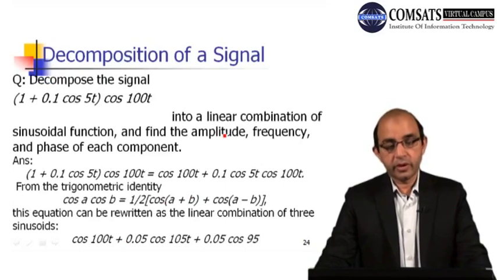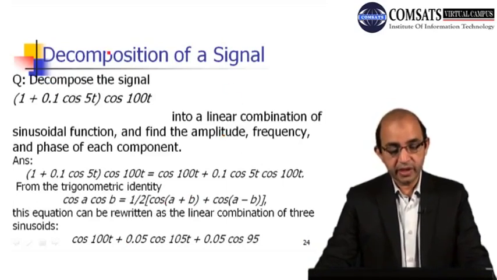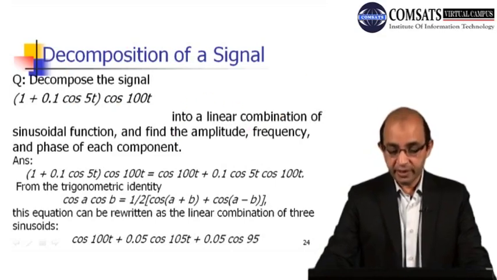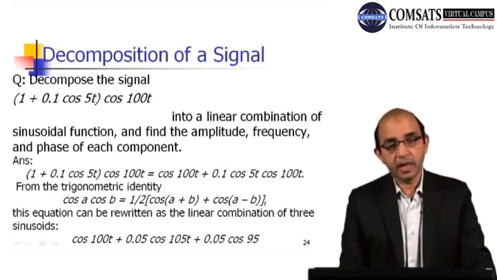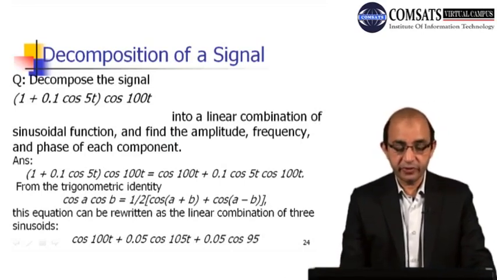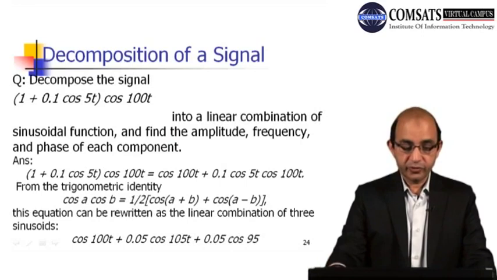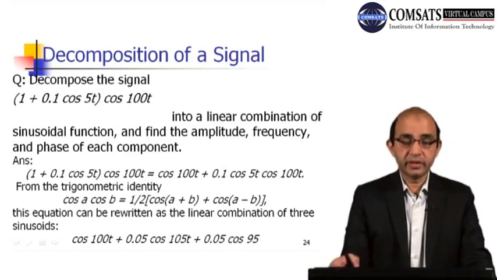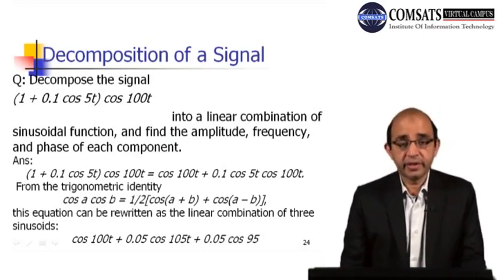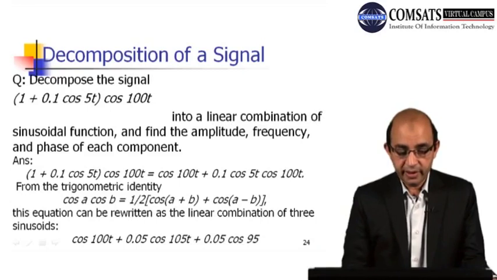Now we have to decompose a signal. This is the given signal, and we have to decompose it into a linear combination of sinusoidal functions, and after that find the amplitude, frequency and phase of each component. First of all, we need to simplify by using different trigonometric identities.